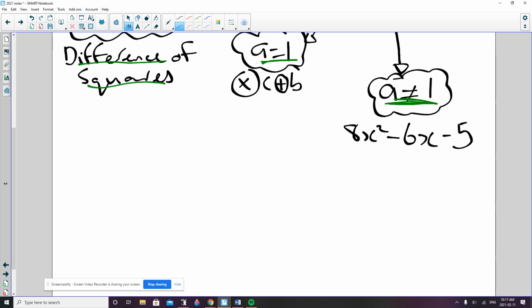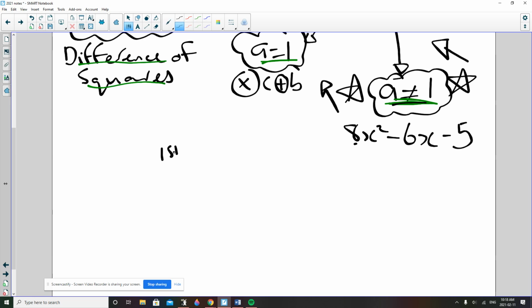There are 3 terms. A does not equal 1; the leading coefficient is 8. And so I can't use any of the other factoring strategies I've been using up to this point. So I'll write some steps here. And really, you can factor every other question that might fall into these other categories using this strategy.